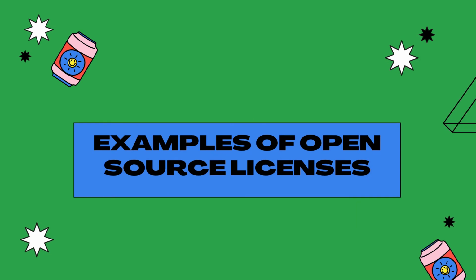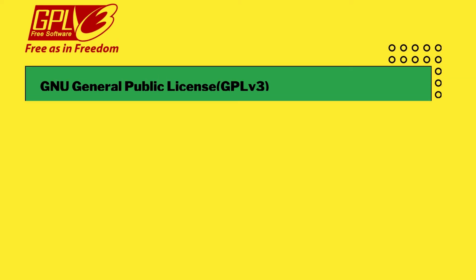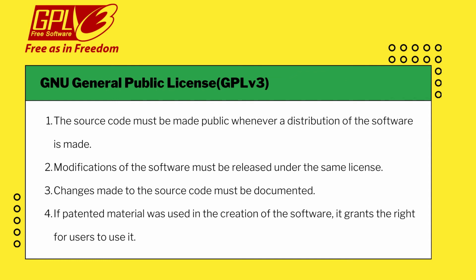Now let's look at the most commonly used licenses, their conditions and limitations. The first one is GNU General Public License. This is one of the most popular copyleft licenses, and it is also the most restrictive open source license. It basically states the source code must be made public whenever a distribution of the software is made.